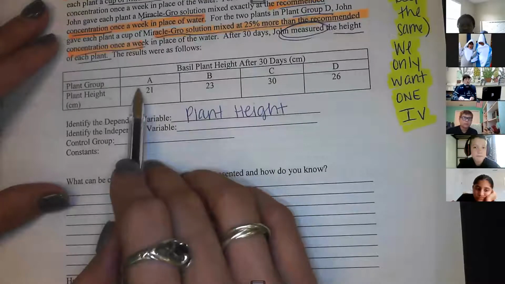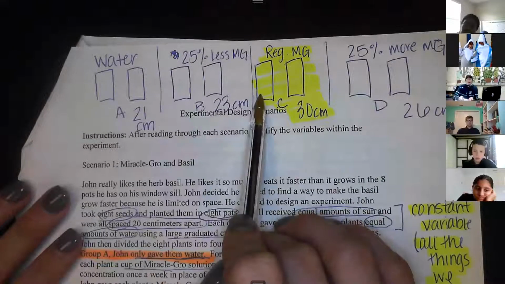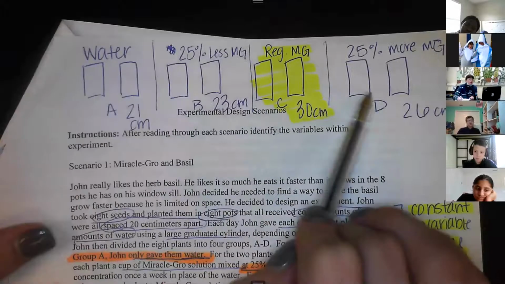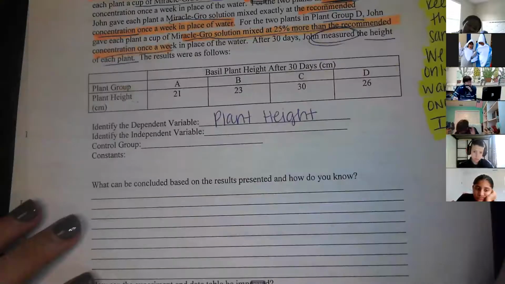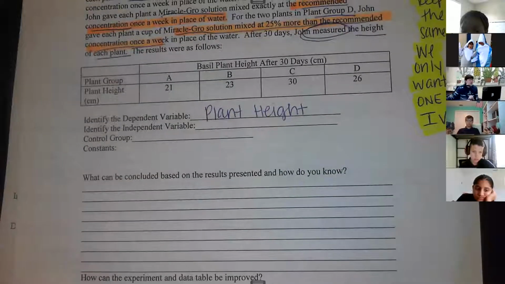So one group got just water, one got 25% less Miracle Grow, some got regular Miracle Grow, and some got 25% more Miracle Grow. What did I change, Radiance? If they got Miracle Grow or not.